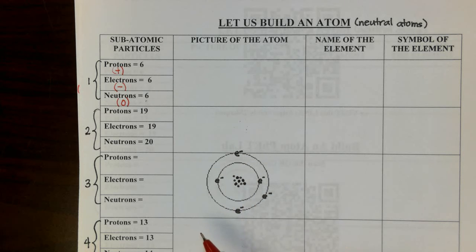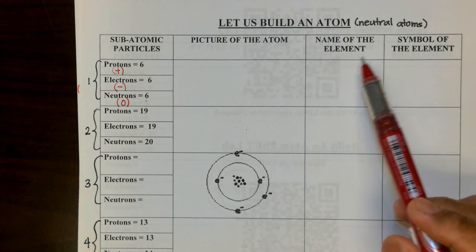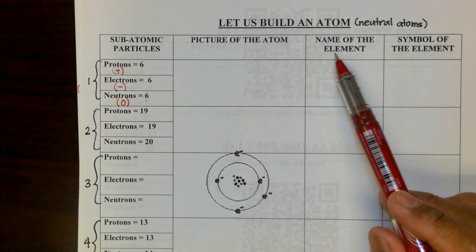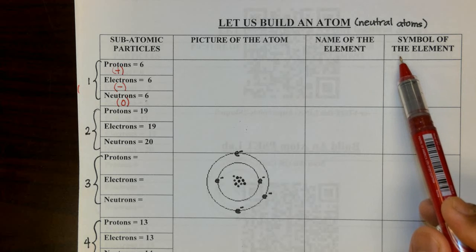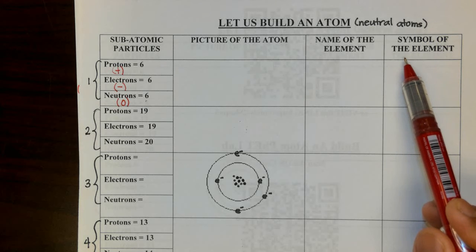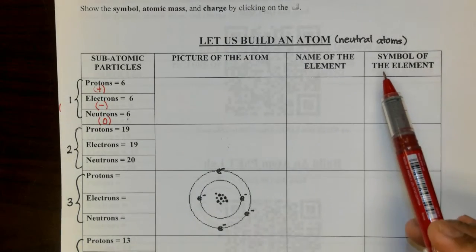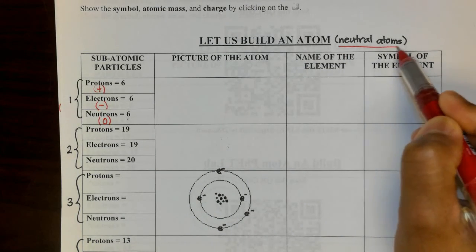So for today, we are going to learn how to draw that picture of the atom, and at the same time be able to figure out what's the name of the element and the symbol of the element. So let's begin first by looking at what we mean by neutral atoms.